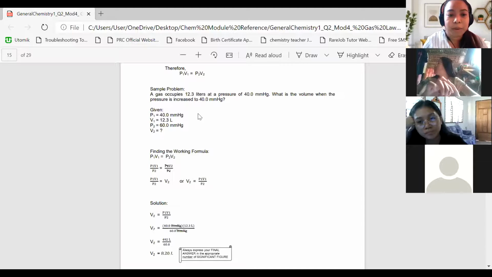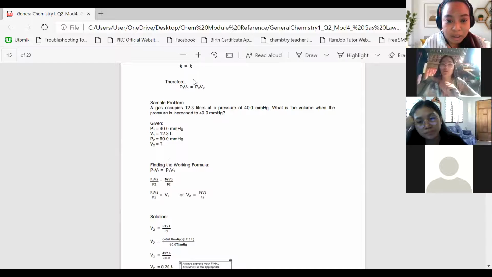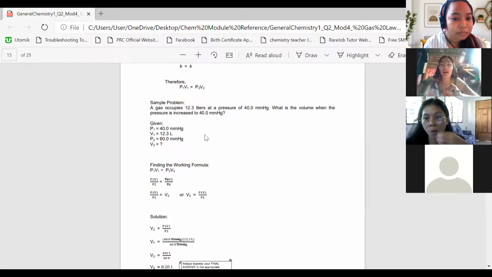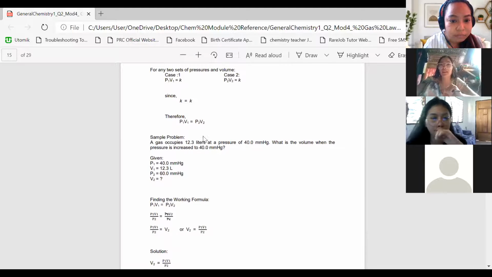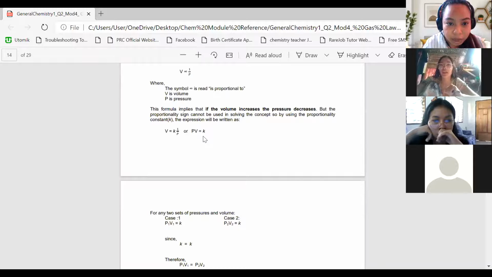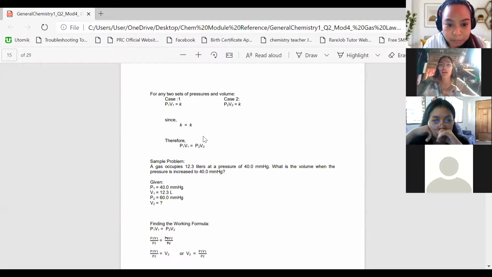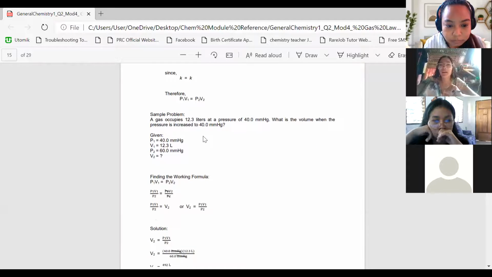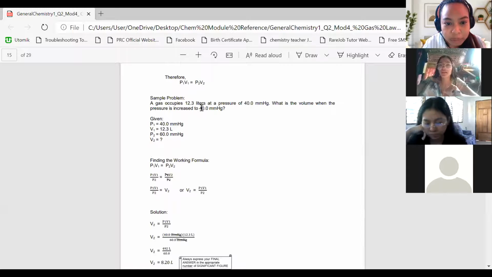Ma'am, diri sa imong given, ma'am, ang pressure 2 is 60. Ang naa diri kay 40. Hala, akong giusab. Ay, wala ni siya na-save.